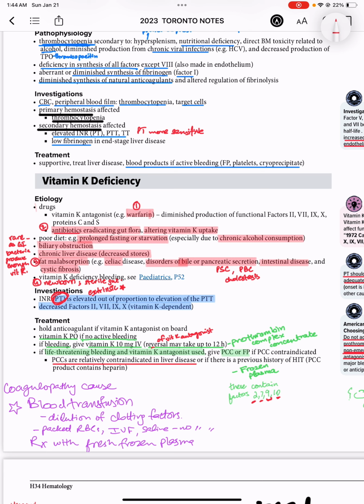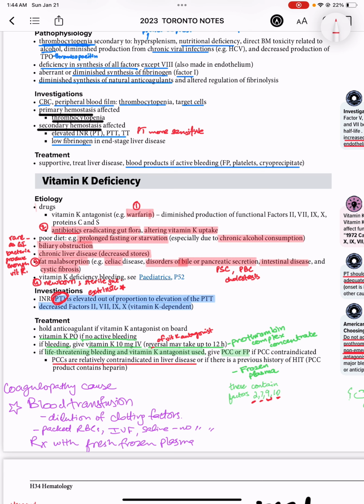And if there's some life-threatening bleeding going on and a vitamin K antagonist was used, then we can give PCC or FFP, prothrombin complex concentrate, or frozen plasma. But PCCs are relatively contraindicated in liver disease or if there was a previous history of heparin-induced thrombocytopenia, because PCC product contains heparin.